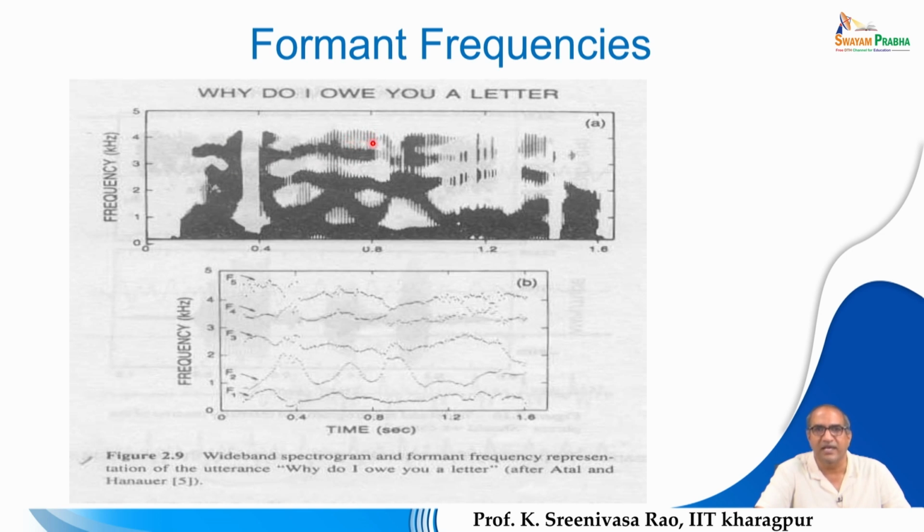These vertical striations appear because we have taken a smaller window. As you move the window, whenever it properly occupies the entire period, you see a clear spectrum. As it moves on, the spectral details slightly diminish, and that is the reason you observe these vertical striations. The spacing between the vertical striations indicates the periodicity or the pitch.